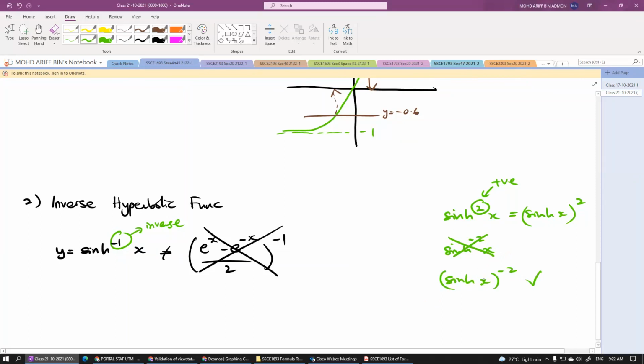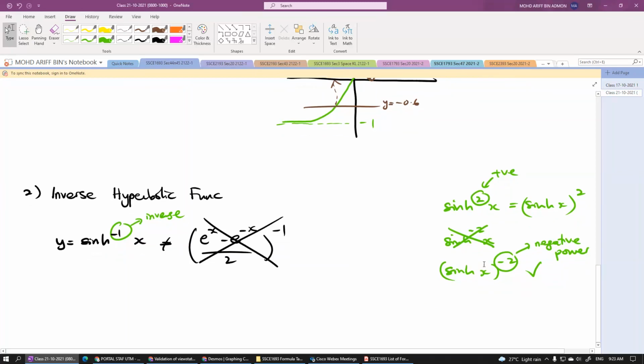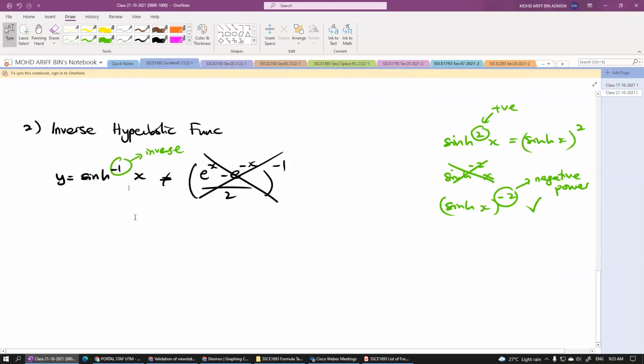This is a negative power, don't be confused. It is also applicable for trigonometric functions. Remember this one, not similar. If you have -1, bear in mind it is inverse. This applies for hyperbolic and also trigo.